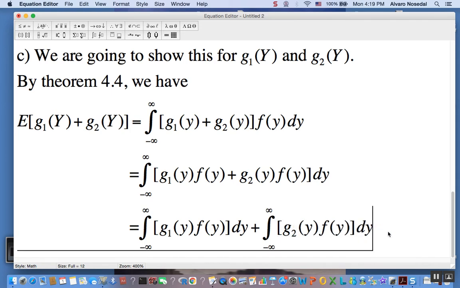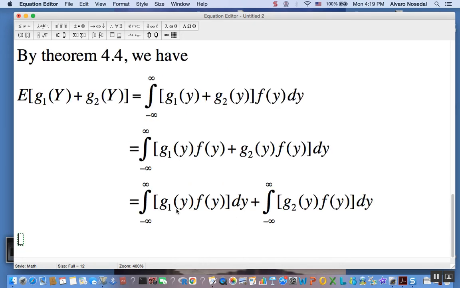And that's by the linearity of integrals, right? So we're not doing anything illegal here. But then note that this happens to be the expected value of g1 and this is the expected value of g2. So that's it. Expected value of g1 plus expected value of g2.